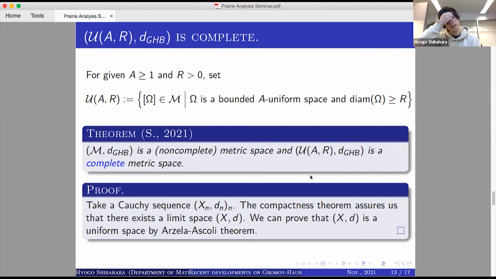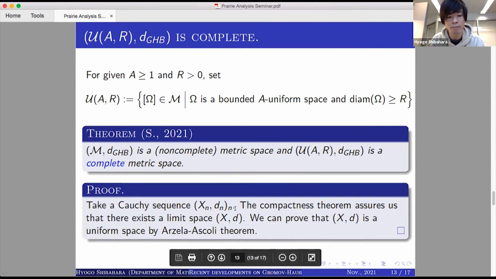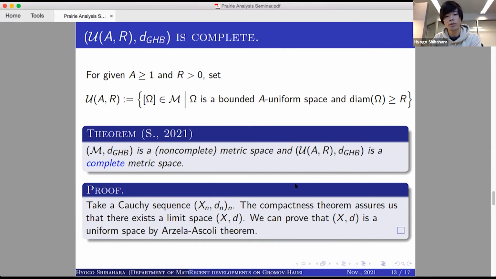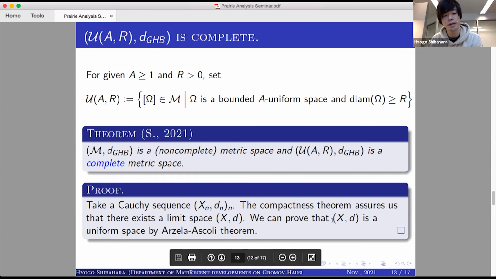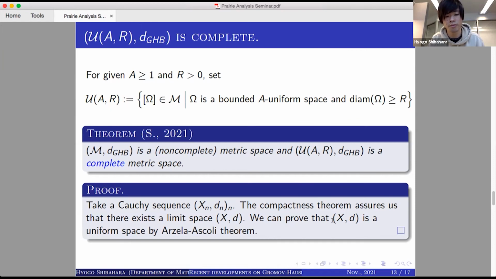This is a very rough sketch of the proof: if we take a Cauchy sequence (X_n, D_n) with respect to Gromov-Hausdorff distance with boundary, then we can use the compactness theorem. So we can have a limit, and the limit is also a uniform space. We can prove this by an Arzelà-Ascoli type argument.